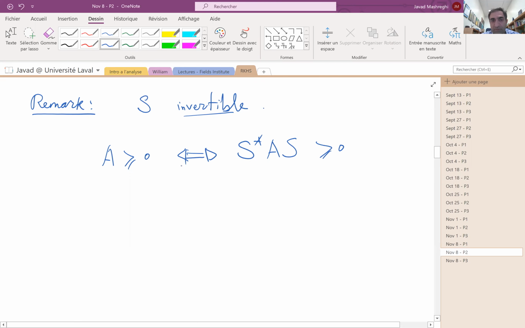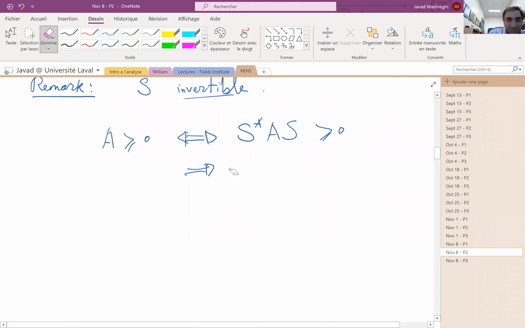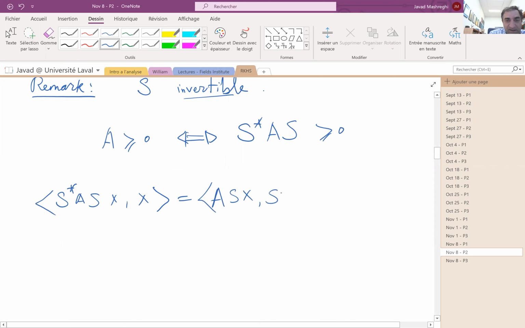And it's enough to give the proof for one direction because if it is true for one direction, then we simply multiply by S star minus 1 and S minus 1 from left and right, and we obtain the same thing. The proof is very straightforward because S star AS acting on X, inner product with X, is A acting on SX and SX.